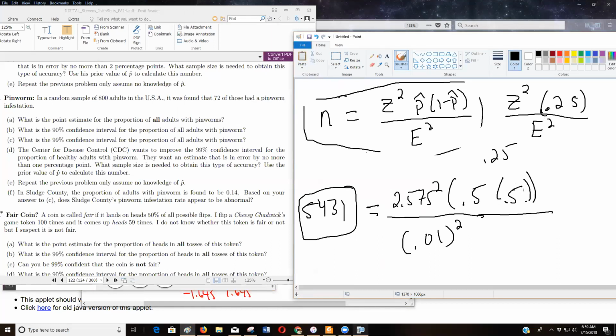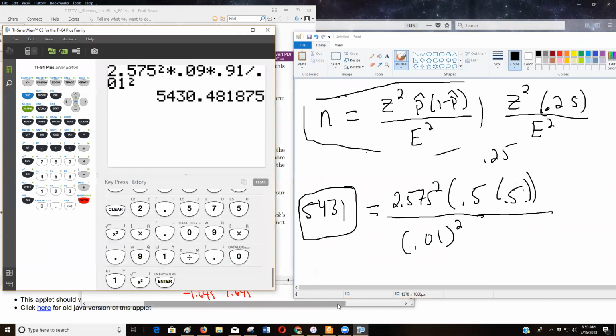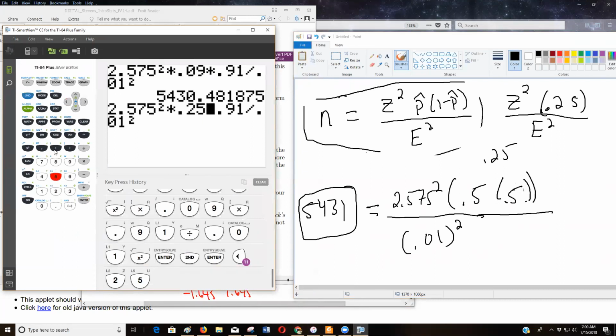So now let's go back to my calculator. I'm going to be really lazy and not retype all that, but I'm going to change some stuff here. I'm going to change this to 0.25. There.